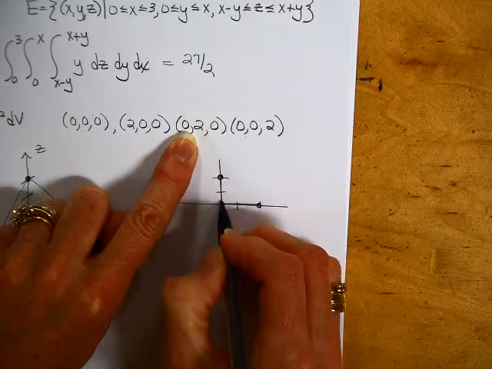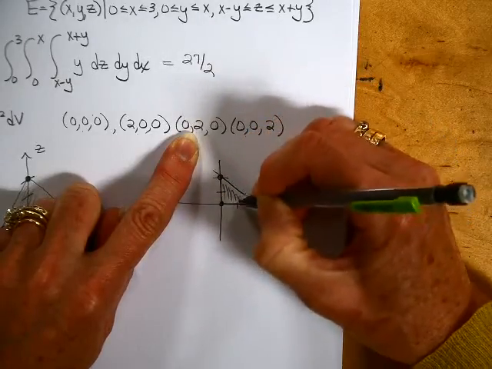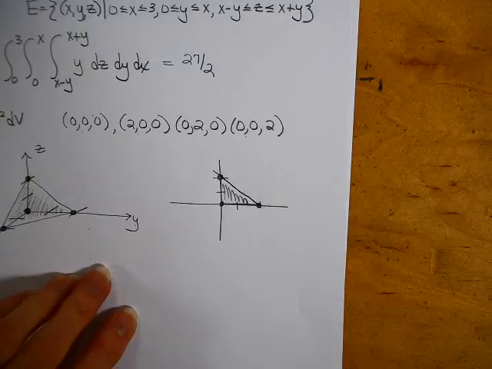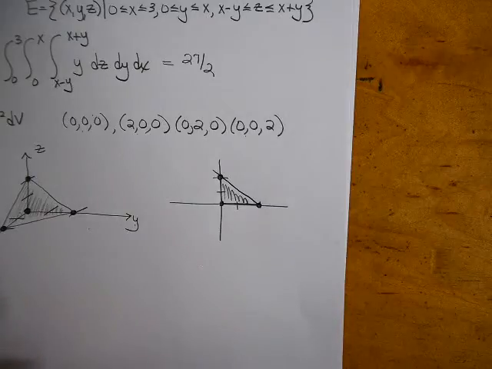So in the xy plane, this is my shape. I've got a rectangle. Are y'all with me? That's not a rectangle. Yeah, that would be a triangle. Today it's a triangle. It's close. It's half of a rectangle.